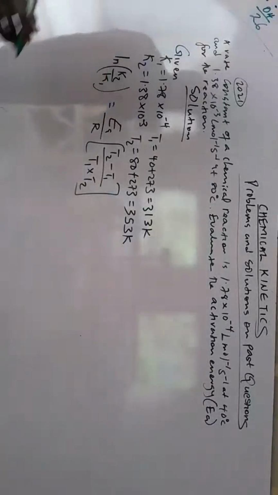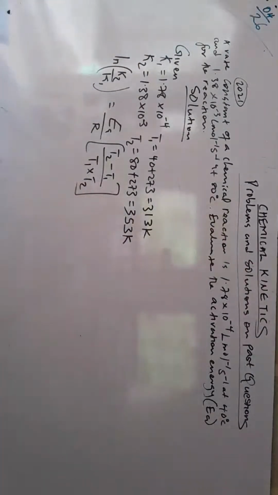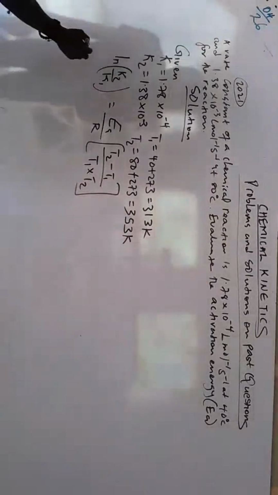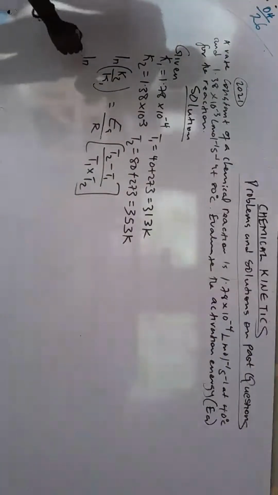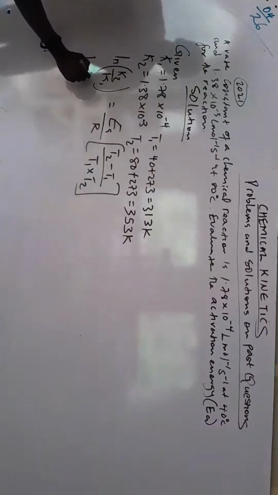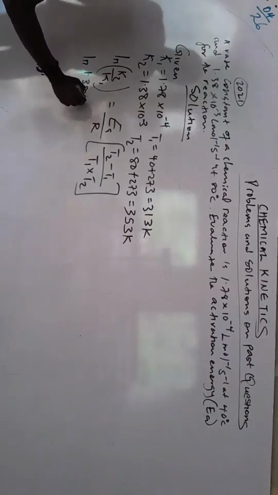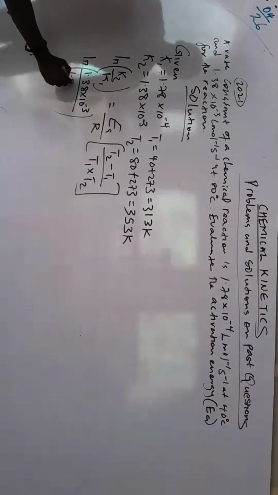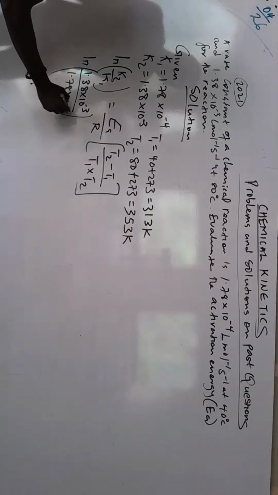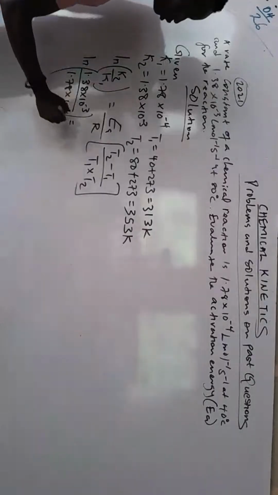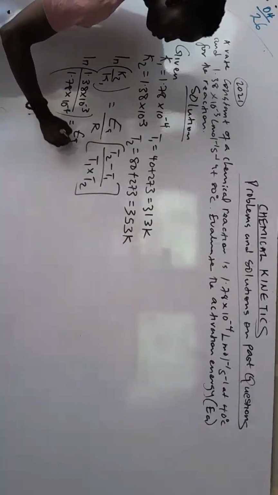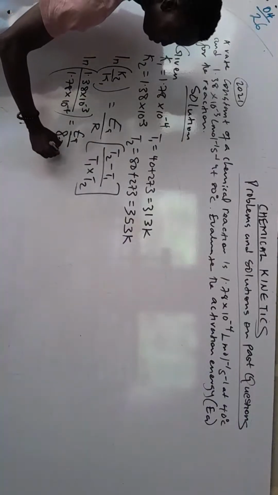So applying this formula, we compute the data that we have. From the given parameters, we have ln of K2, which is 1.38 times 10 raised to the power minus 3, divided by K1, which is 1.78 times 10 raised to the power minus 4, equals EA, which is what we are looking for, over R, 8.314.